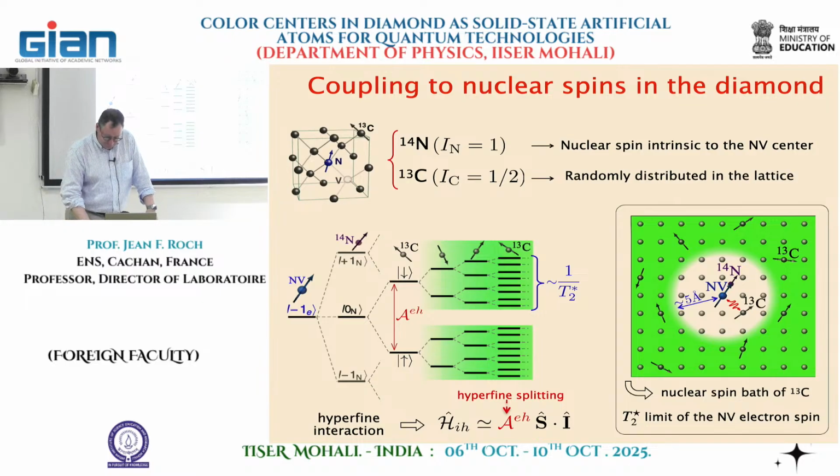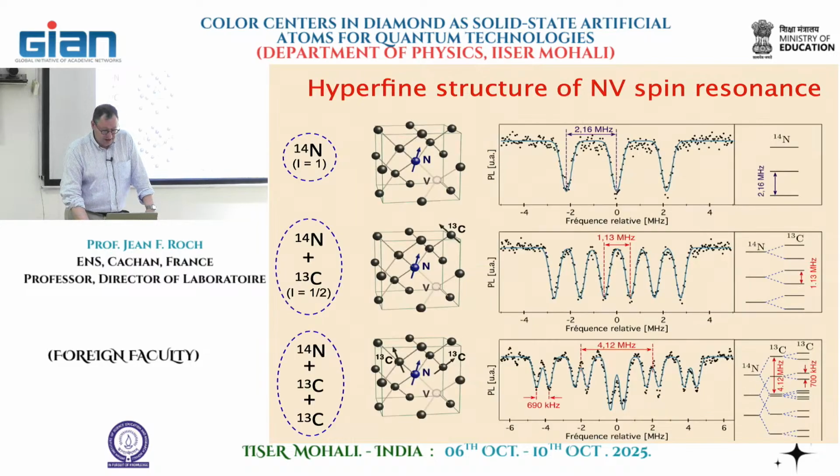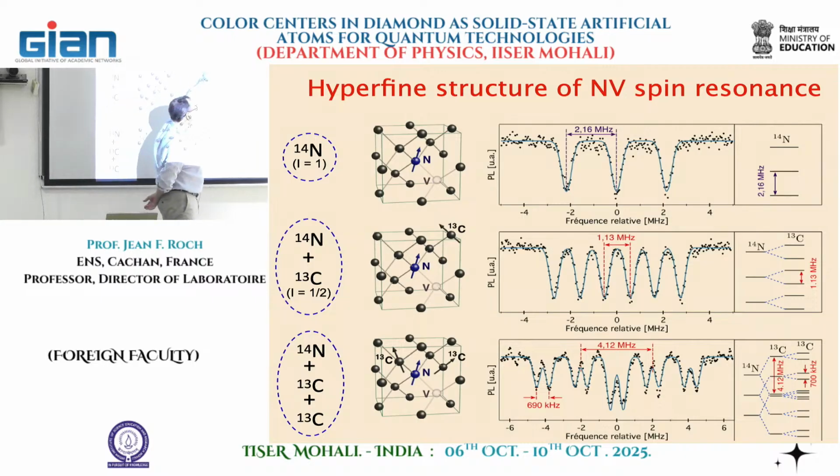Okay, so these are typical spectra. You see, for instance, if we start with the nitrogen, we have this 3-peak structure on a single NV. If I now add as another ingredient the coupling to 1 carbon-13, you see that each peak is now split into 2 components, as I described before, due to the hyperfine interaction with this nearby carbon nucleus at around 1 megahertz.